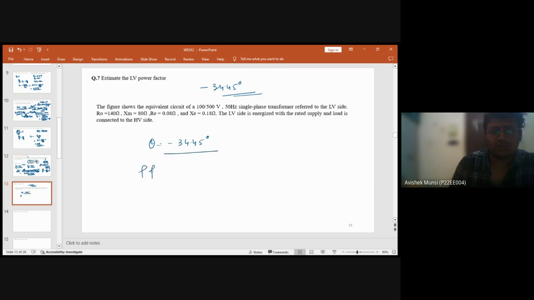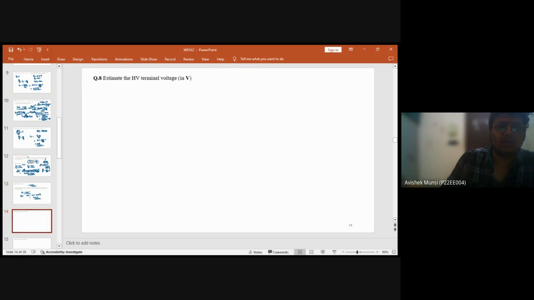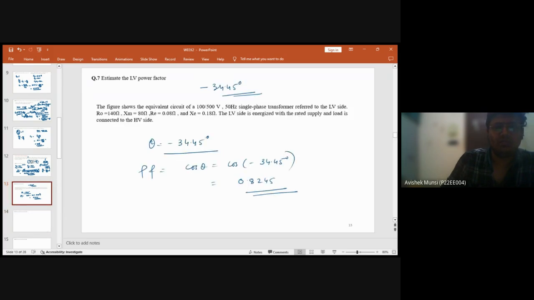Power factor is cos theta, so it is cos of minus 34.45 degrees. Then what will be the answer? It will be 0.8245. So check these two questions, and after which the next part is we have to calculate the HV terminal voltage.